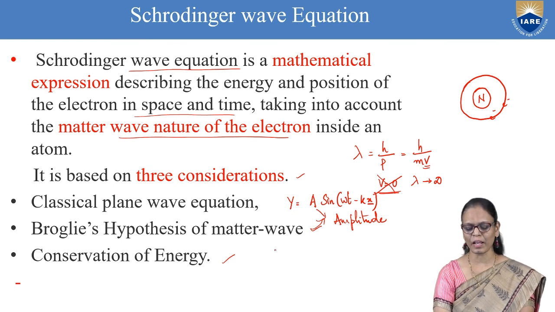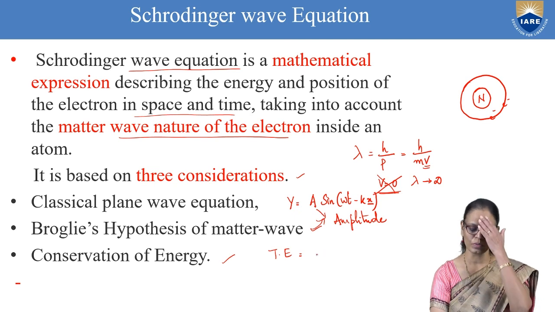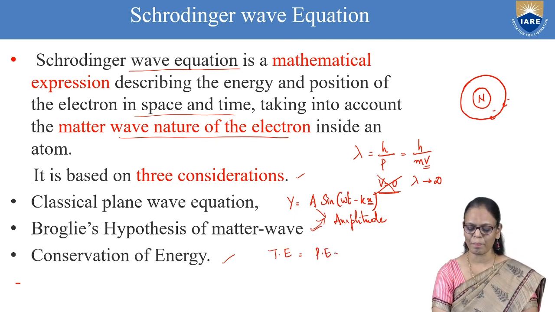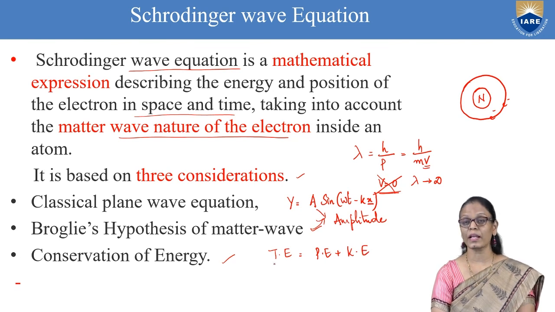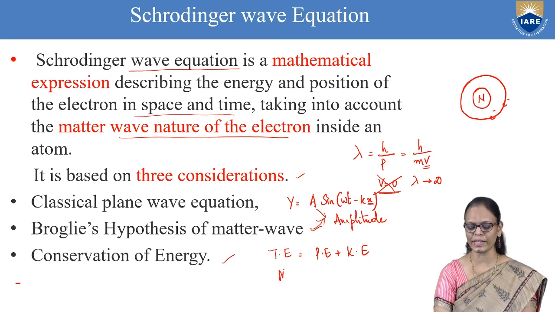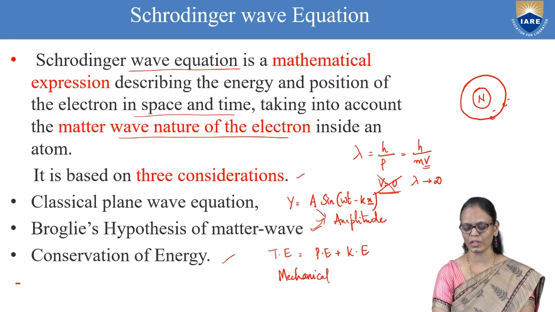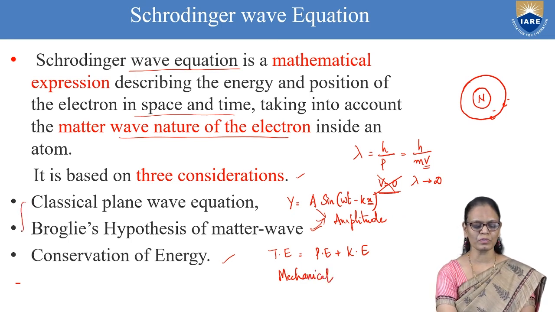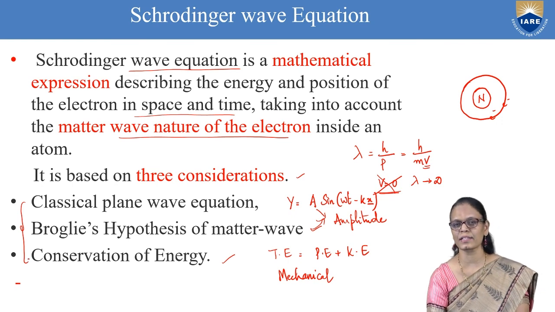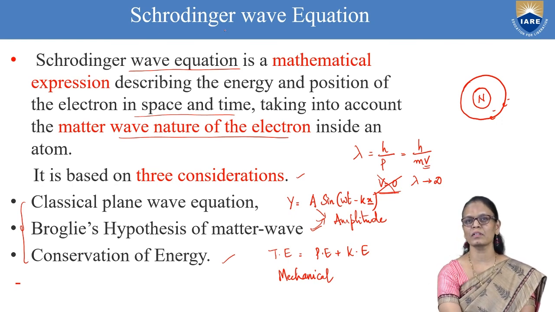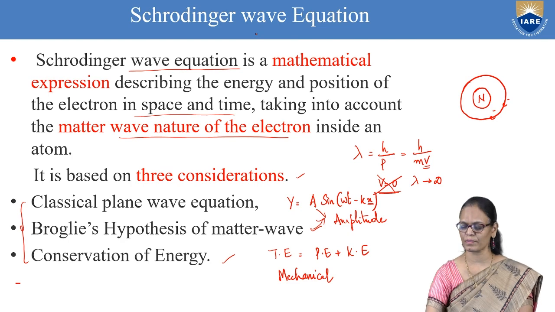So the basic equation we take here is total energy is always equal to potential energy plus kinetic energy. This is what we call it in mechanical vibrations. So we are going to consider all these three considerations while deriving the Schrodinger wave equation.